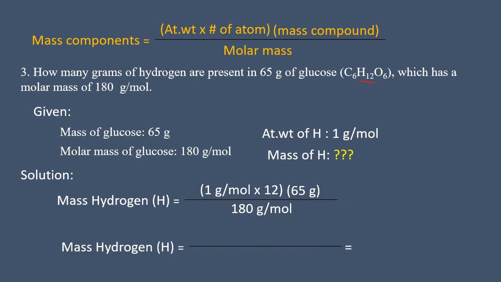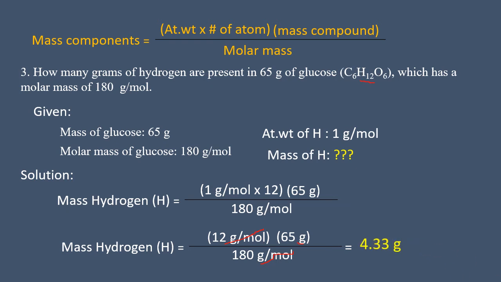To simplify this equation, we have 1 times 12 is equal to 12 grams per mole, multiplied by 65 grams, which is the mass of the compound, divided by 180 grams per mole. Here, you can cancel gram per mole and gram per mole, leaving the unit sought for, which is the mass of the component, which is hydrogen, in grams.